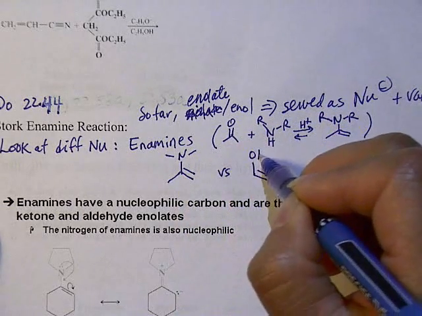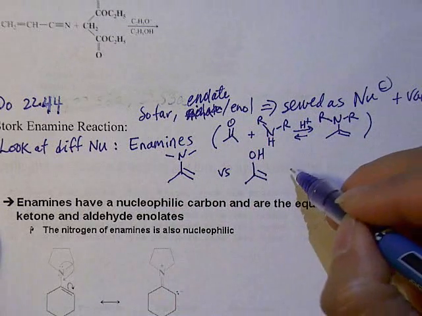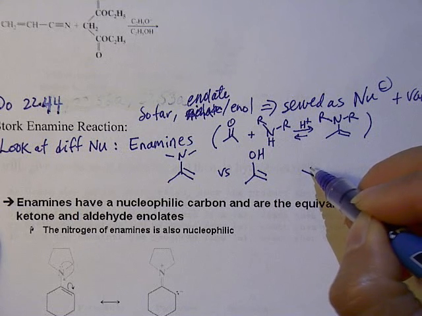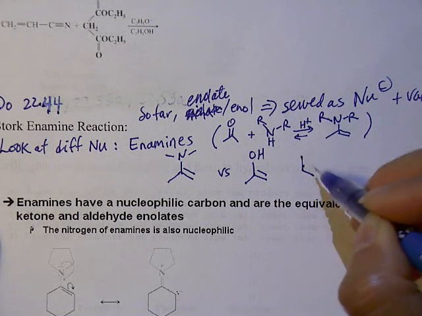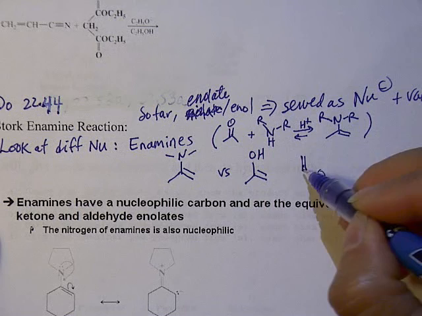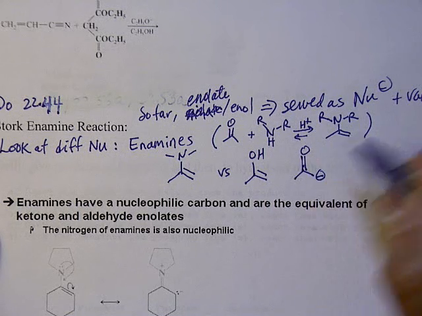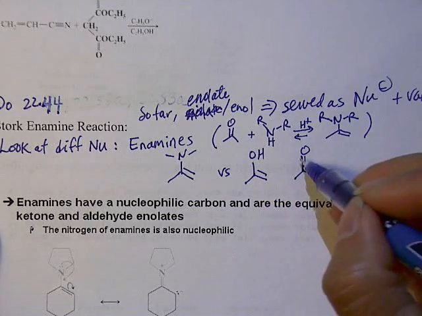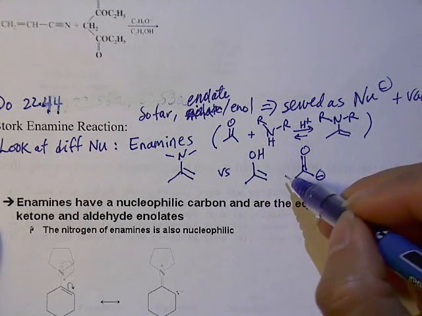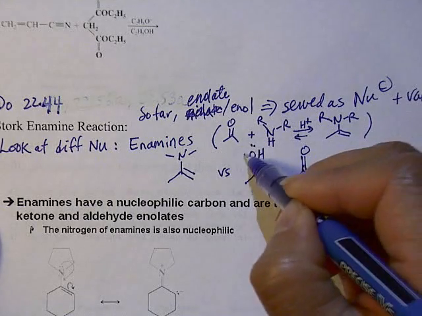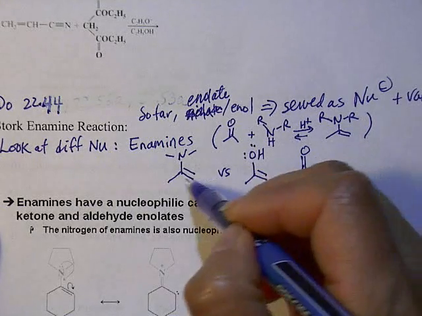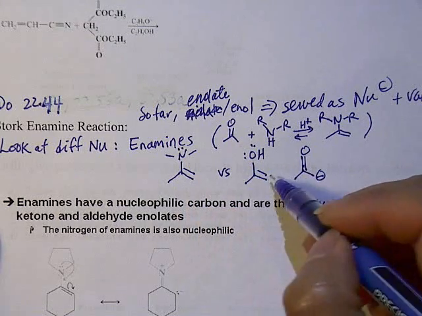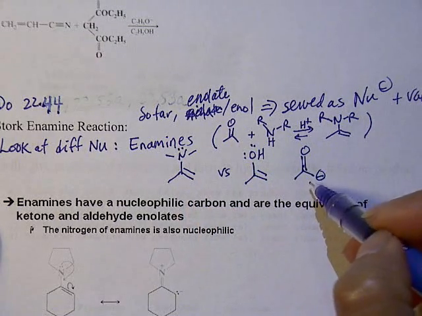So take a look at enamines versus enol, and really the difference between enol and the enolate is that you have a negative charge. Okay, so enol and enolate were our nucleophiles, and if you look at it carefully, notice the similarity between the enamine and especially enol, because they're both neutral and this is negatively charged.